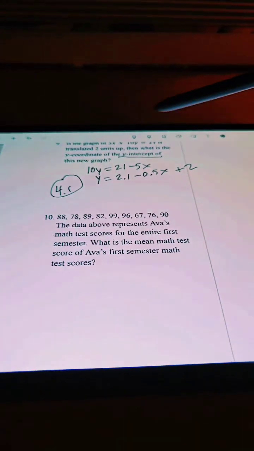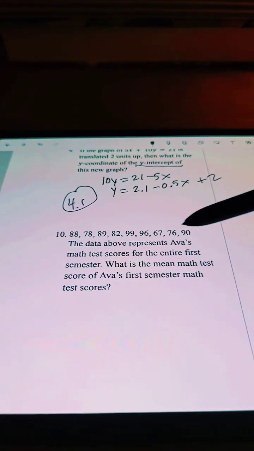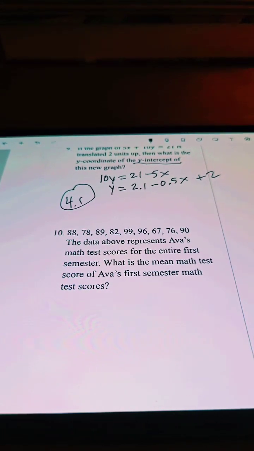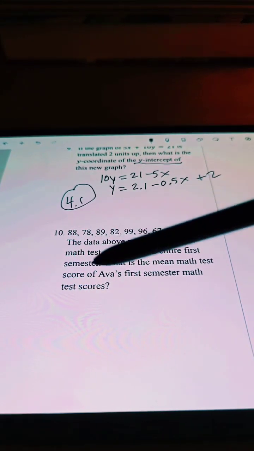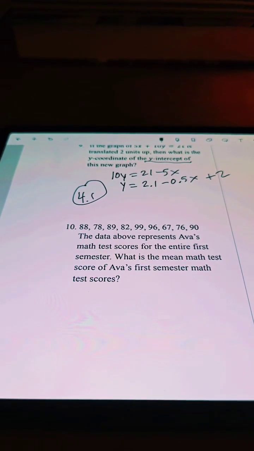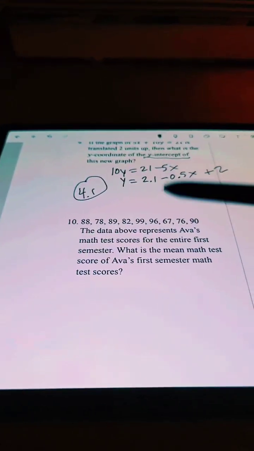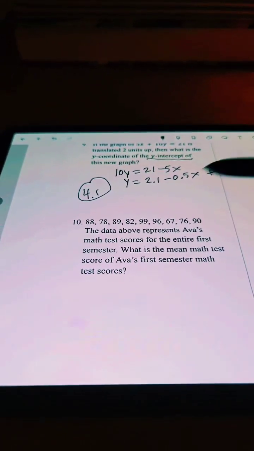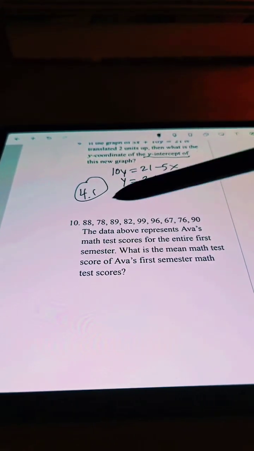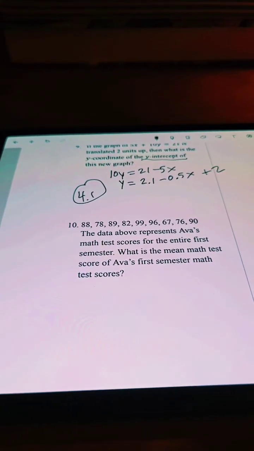Now let's go to number 10. We have this data, which represents Ava's math test scores for the entire first semester. What is the mean math test score for Ava's first semester? The mean, also called the average or arithmetic mean, is the sum of all the data points, in this case all the scores, divided by how many scores you have.